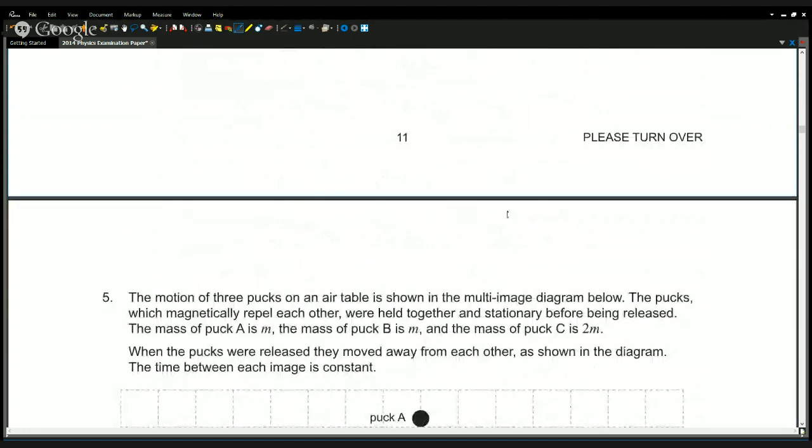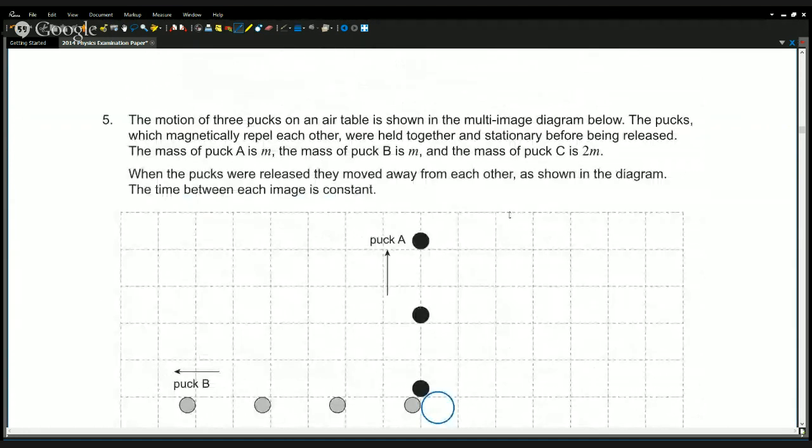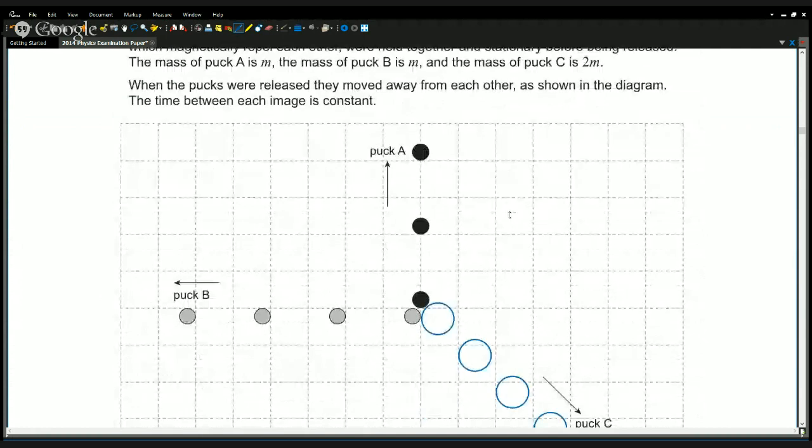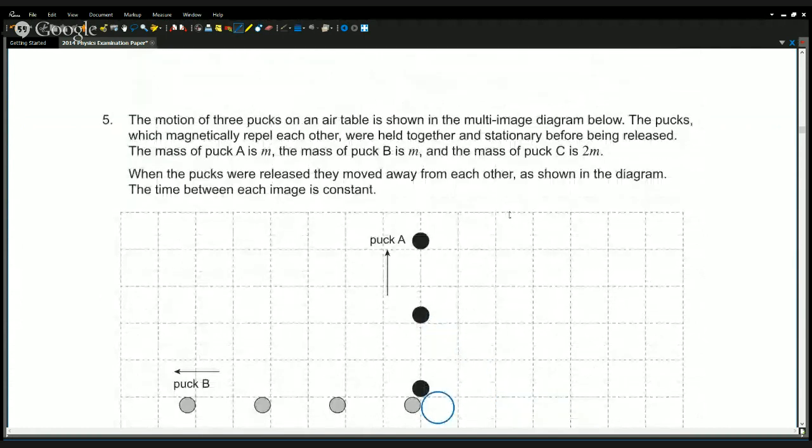Conservation of momentum. This might be tricky for me to pull off on here, but we'll see how we go. The motion of three pucks on the air table is shown in the multi-image diagram below. The pucks, which magnetically repel each other, were held together and were stationary before being released. The mass of puck A is m, the mass of puck B is m, and the mass of puck C is 2m. When the pucks are released, they move away from each other.